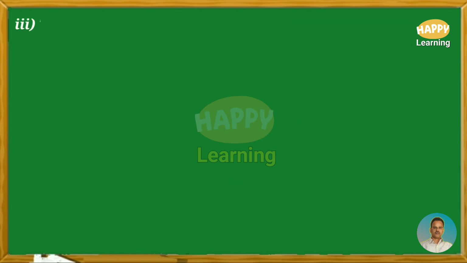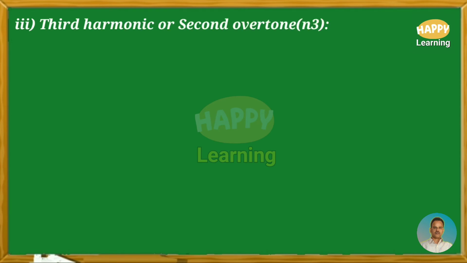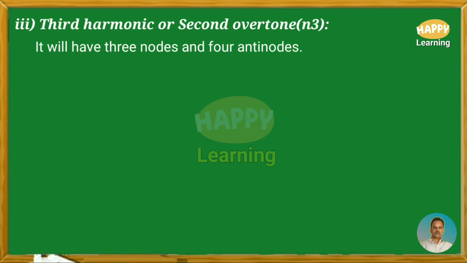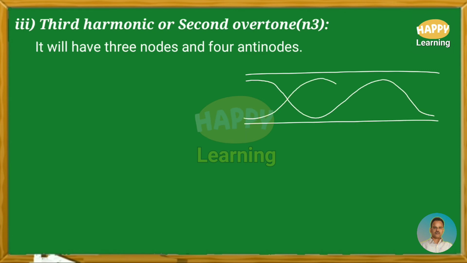Now, third harmonic or second overtone, represented by symbol N3. It will have 3 nodes and 4 antinodes. So this is the open tube. There should be antinodes at the open ends, and here we got 3 nodes in between the 2 outer antinodes.